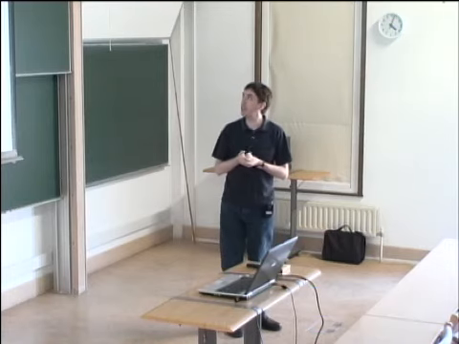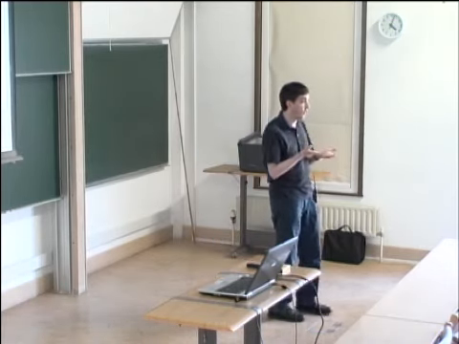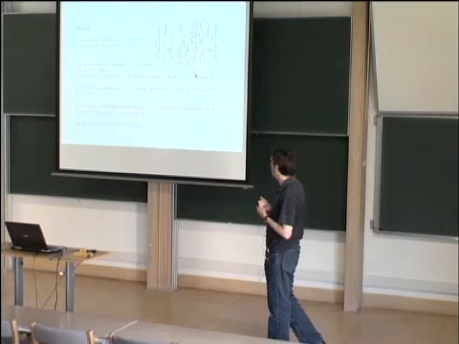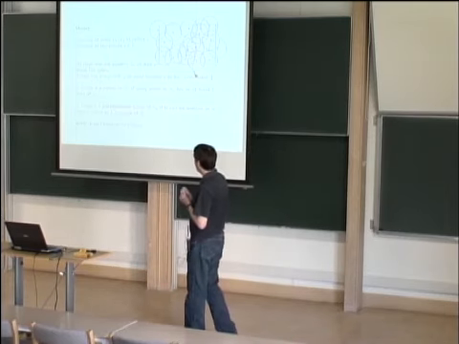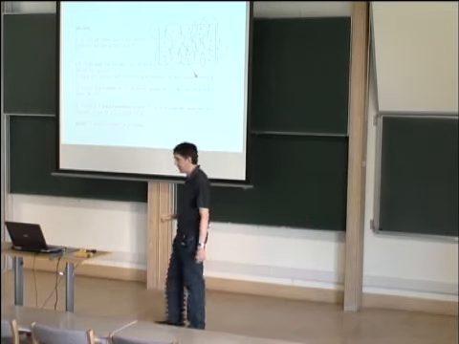In other words, if I can partition these disks into k disjoint sets, each set of disks individually covering the whole region. And I note that an obvious implication is that if you can partition it into k covers, then obviously each point is covered at least k times. So k-partitionability implies k-coverage.